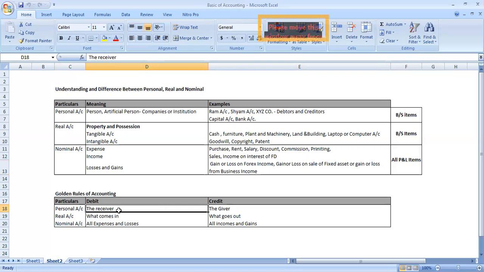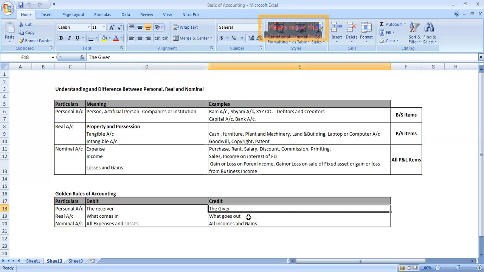Debit the receiver, such as the debtors. If we have received money in our bank account, we will debit the bank account. So all these will be part of my debits. The receiver can be anything where I receive the money or I'm about to receive the money; all those will get debited.